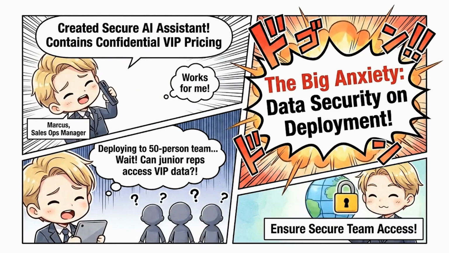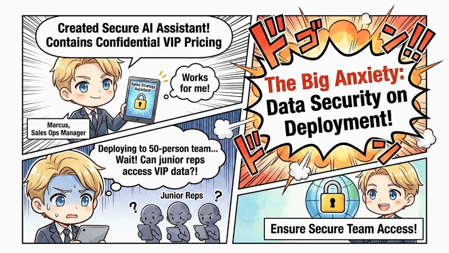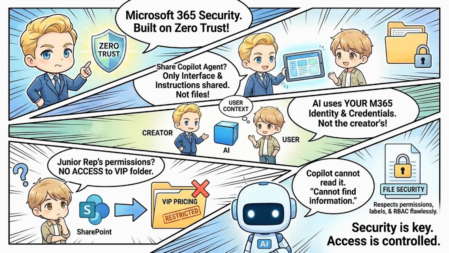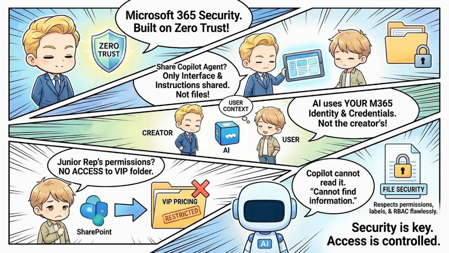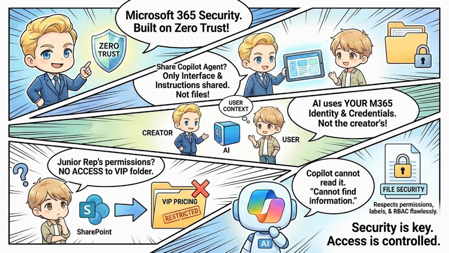This concern highlights the most common anxiety: data security during team-wide deployment. Fortunately, Microsoft 365 is built on enterprise-grade security, and sharing a custom Copilot agent strictly adheres to zero-trust principles.